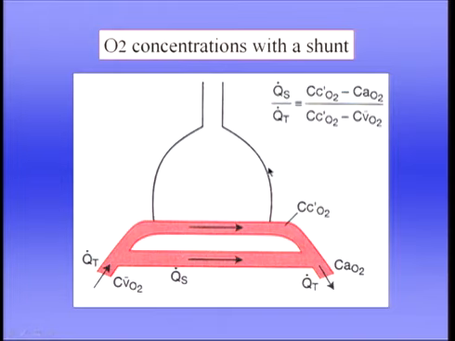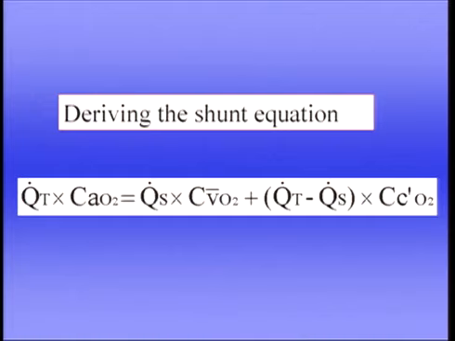We can write an equation for the addition of the shunted blood to the non-shunted blood. And this looks formidable at first, but it's not really. It's just the addition of the two circulations.